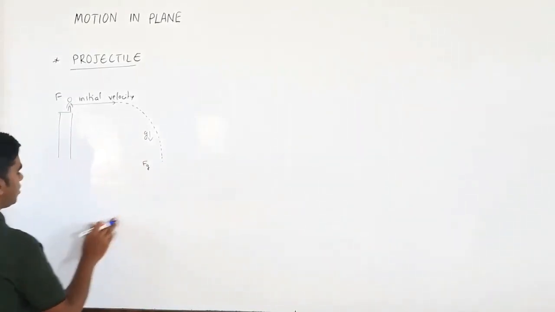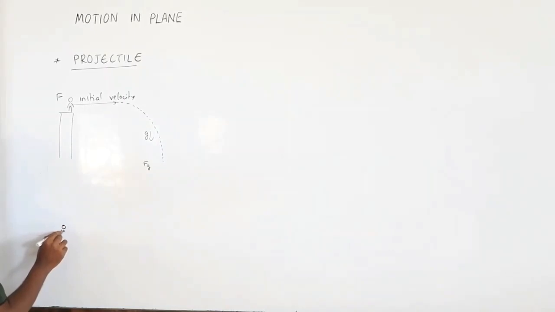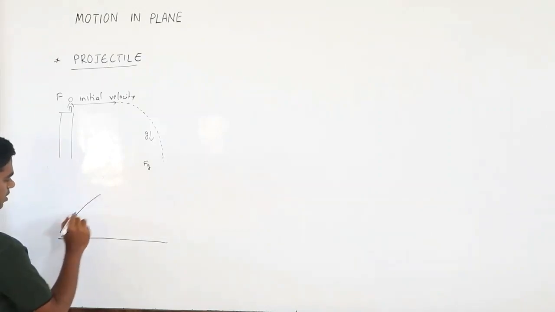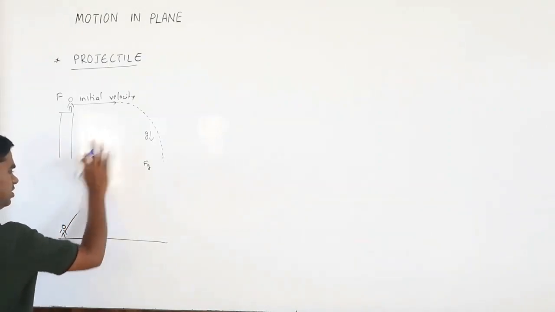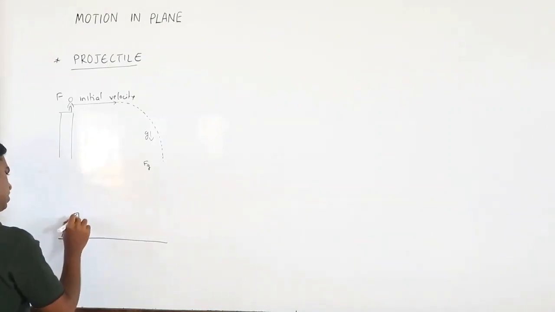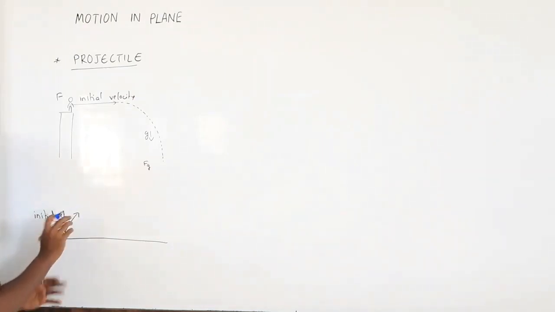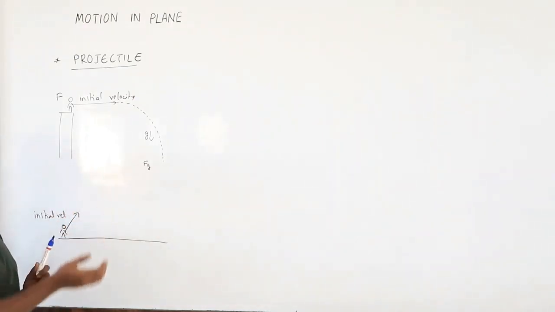Or suppose you are standing on the ground, you may throw a ball in this direction. You have given some initial velocity here. After that, you will not go there and push it again, or give velocity again.